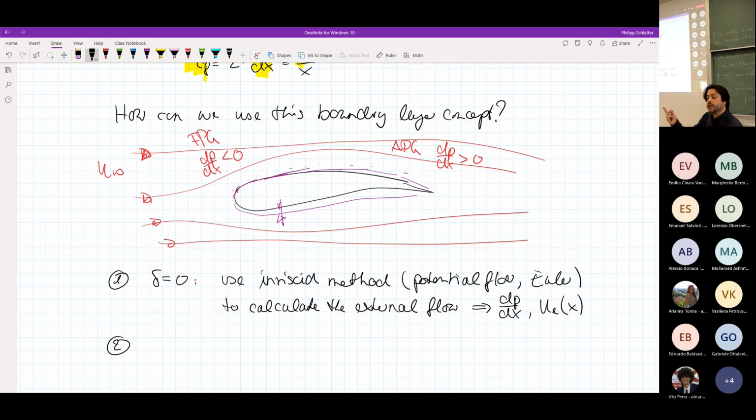Because keep in mind that the normal component of the boundary layer equations was just dp/dy being 0, right? Meaning that the pressure in the free stream is directly felt at the wall in the same way. So the second step now would be to solve the boundary layer equations.